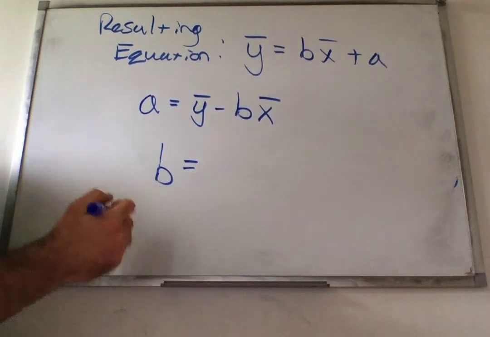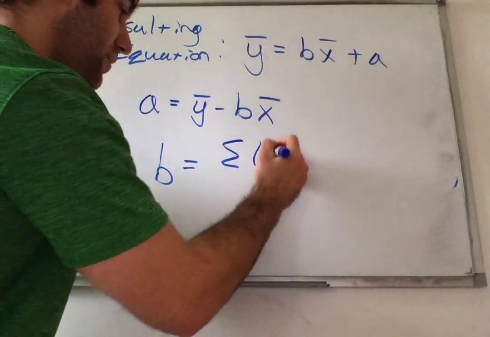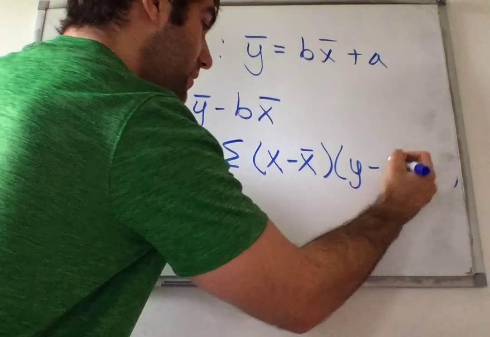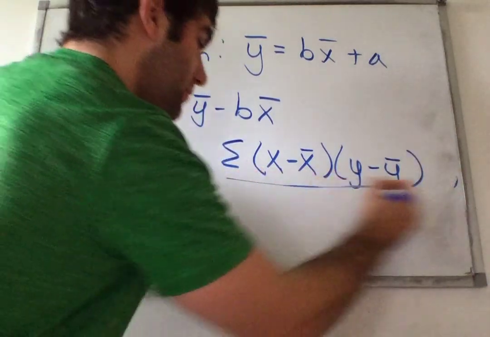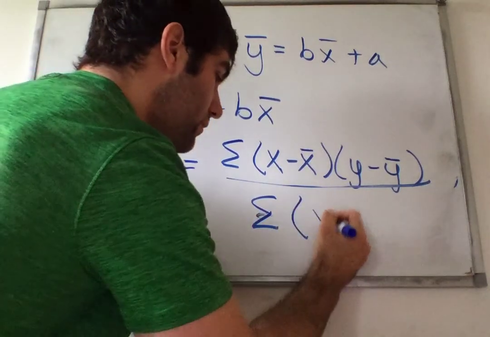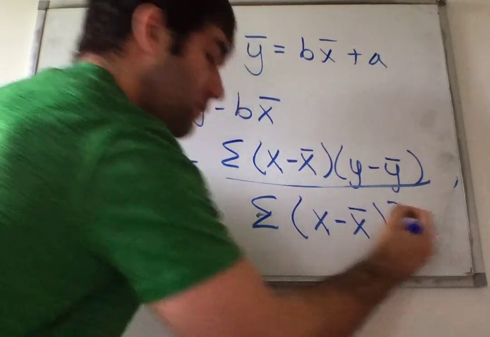Now, it's a really horrible equation. I would not recommend doing this by hand. Oops, it's a really bad sum sign. There we go.